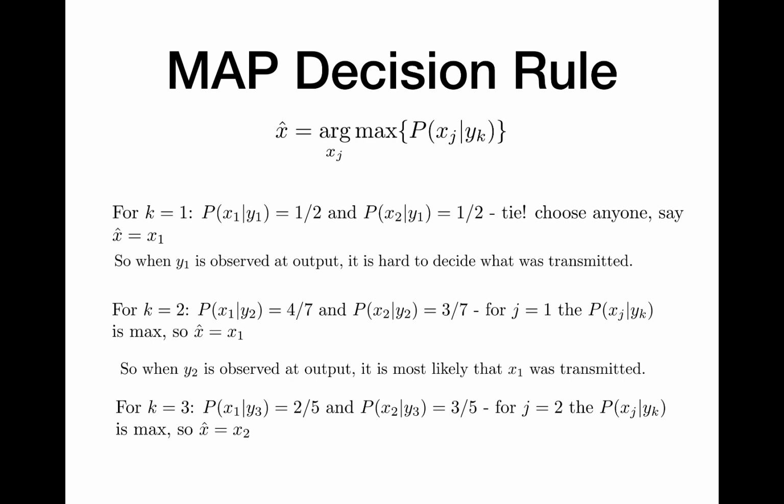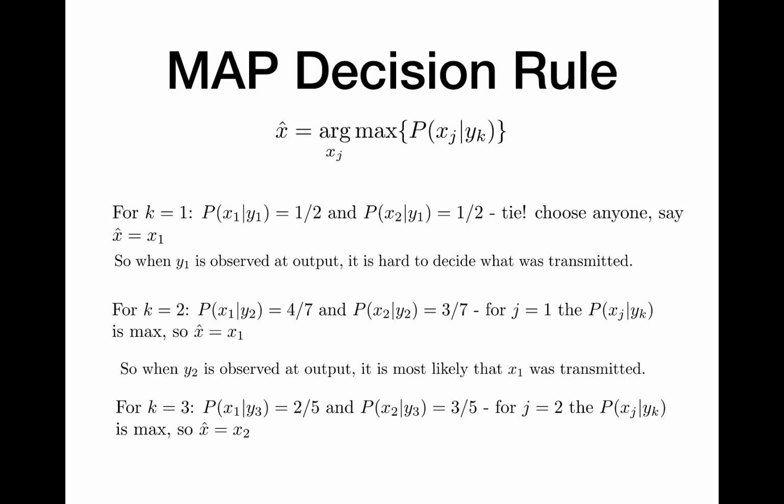Then if you observe a particular output yk, where k can be 1, 2, 3, 4, anything depending on the actual number of outputs, you fix k and see for that fixed value of k what value of x maximizes all these a posteriori probabilities. That value of x is your optimum decision or optimum estimate of x.